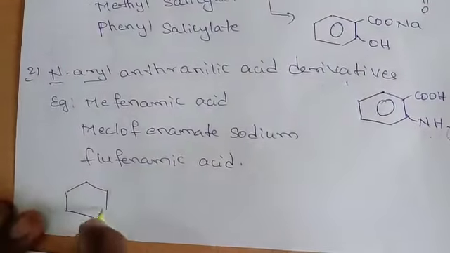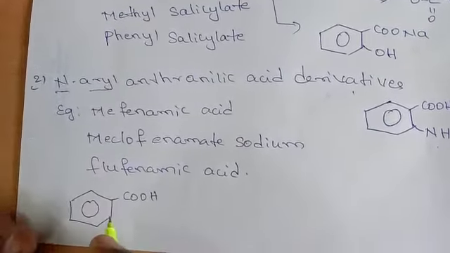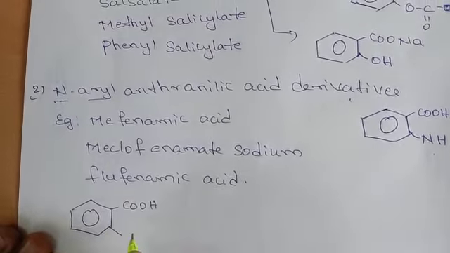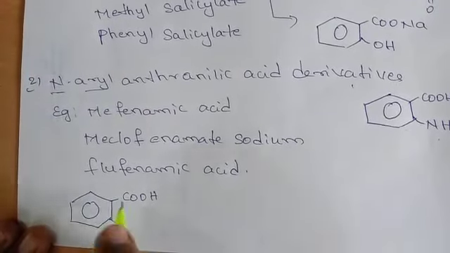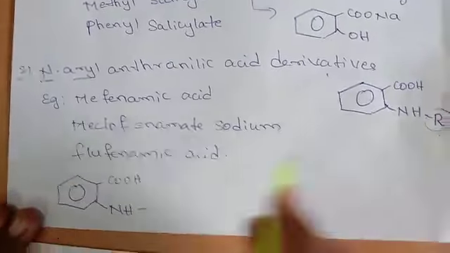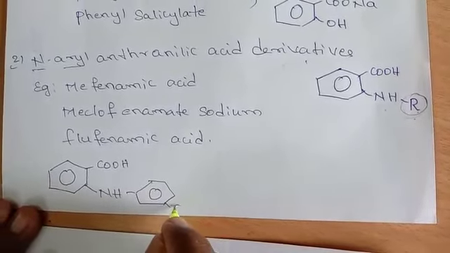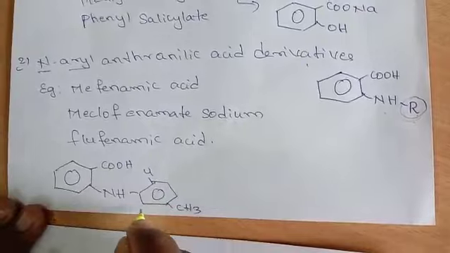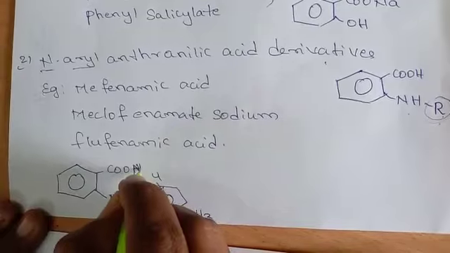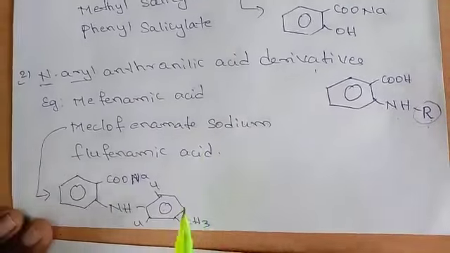When we see the examples, meclofenamic acid: the structure of meclofenamic acid or meclofenamate sodium is such that the aryl group is methyl dichlorophenyl, and this H is replaced by sodium, giving meclofenamate sodium. This is the structure for meclofenamate sodium.